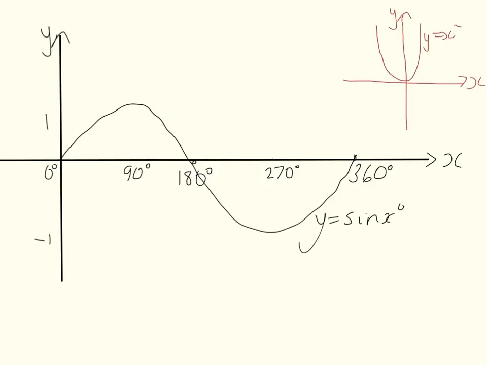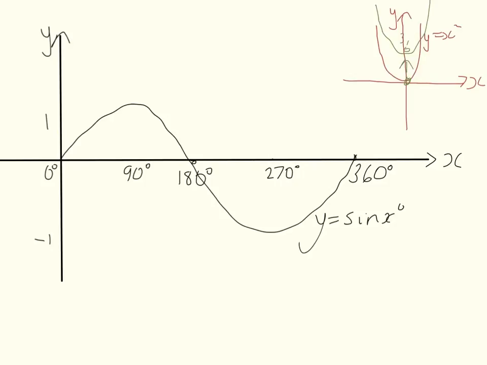If you recall back to a previous video on quadratics, if we were asked to graph y equals x squared plus 3, all that would happen is that these points would shift up 3 places. So instead of having a minimum turning point at 0, 0, it would just move up 3 places.